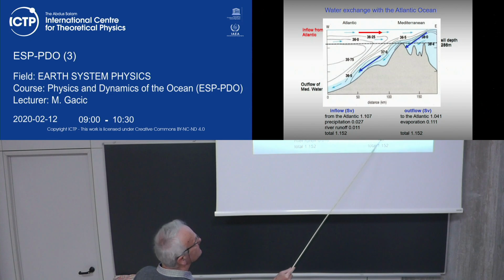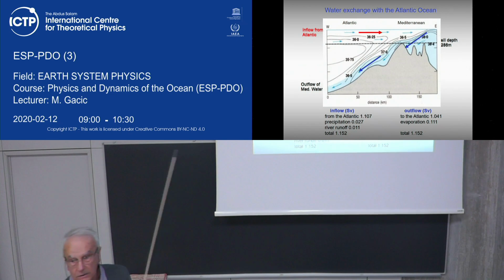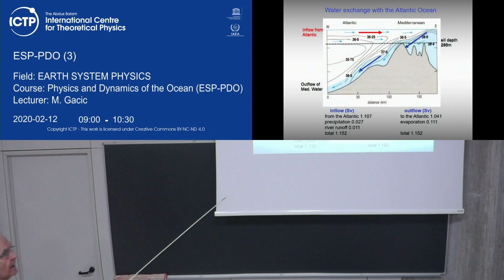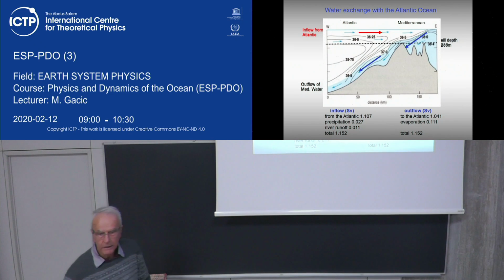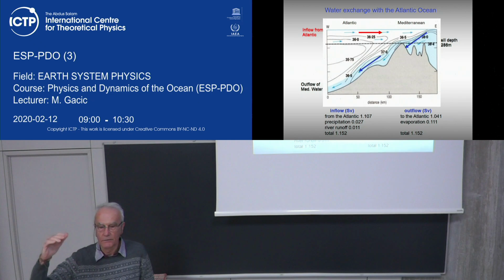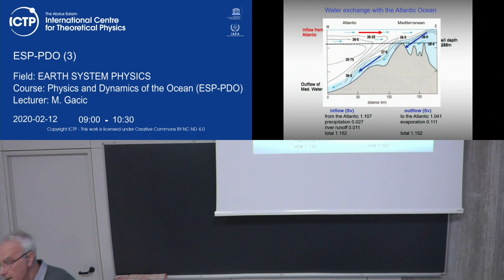You can see that it is bigger than precipitation, so evaporation minus precipitation is positive. These two have to be equal, because otherwise there would be a continuous increase or decrease of the sea level in the Mediterranean, which is not true.